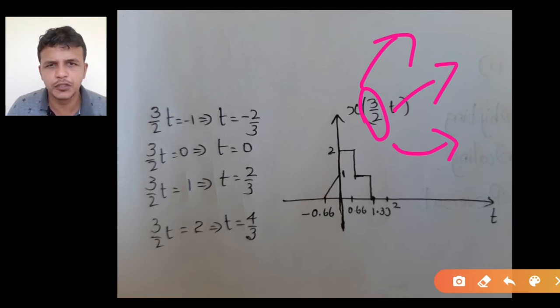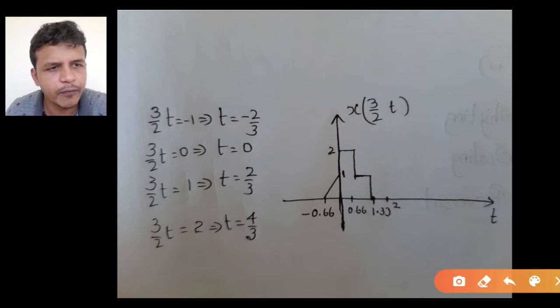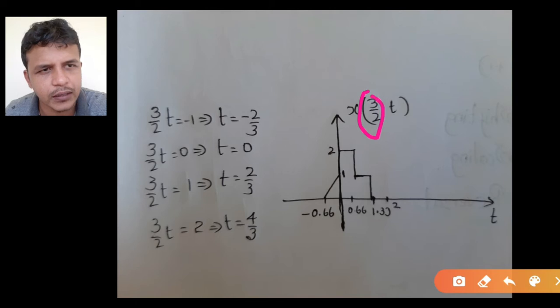You may have confusion whether the signal, after performing this kind of scaling operation, should expand or compress. It should get compressed when the value by which t is weighted is greater than 1. When the value by which t is weighted is less than 1, the signal is expanded.